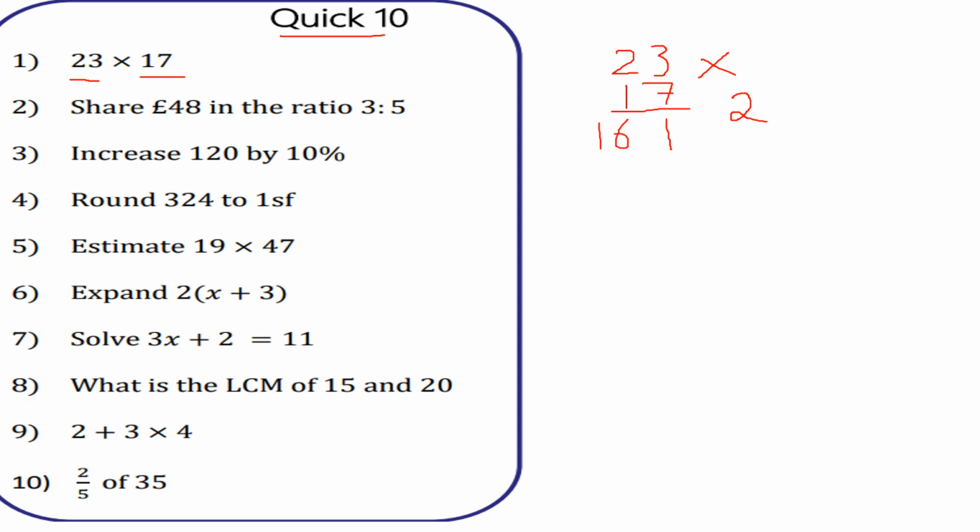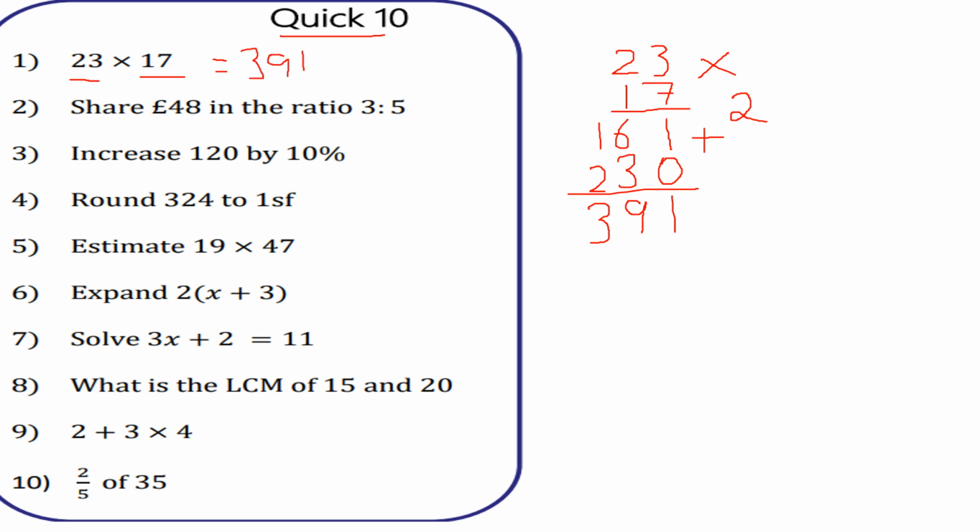The next row, I'm going to put a placeholder. 1 times 3 is 3, and 1 times 2 is 2. Now adding my answers together, 1 plus 1 is 1, 6 plus 3 is 9, and 1 plus 2 is 3. So the answer is 391.